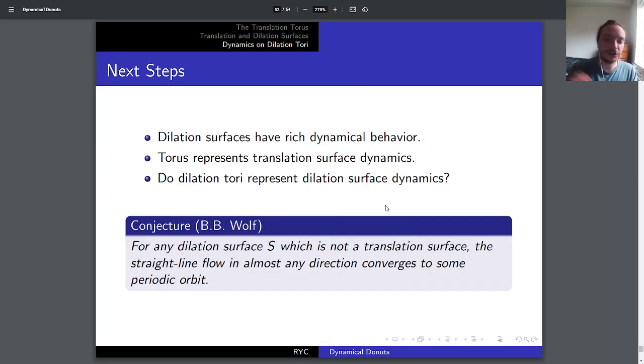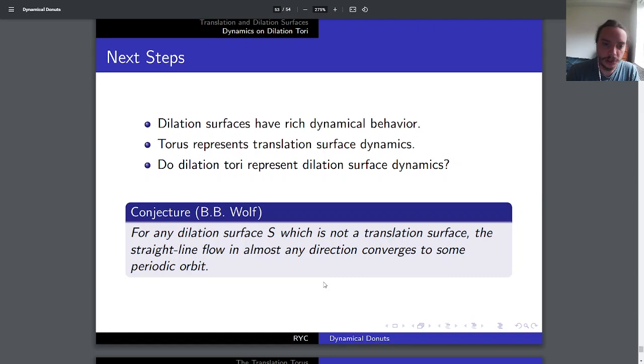We might wonder, is it true that on any dilation surface almost every flow converges to a periodic orbit? And this is actually the big conjecture, that if you take any dilation surface at all, as long as it has some dilation, then the straight line flow in almost any direction is going to converge to some periodic orbit as time goes on.